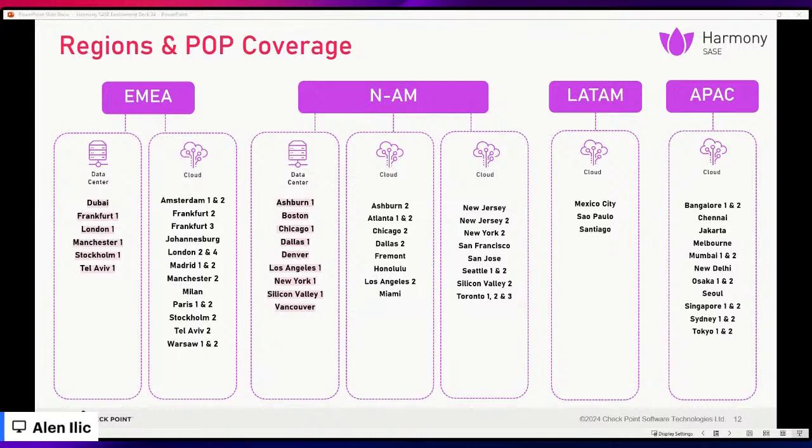Here is a summary of what SASE provides. I think all of these things have been mentioned, and our architecture is something that we are really proud of, and the level of protection is second to none.